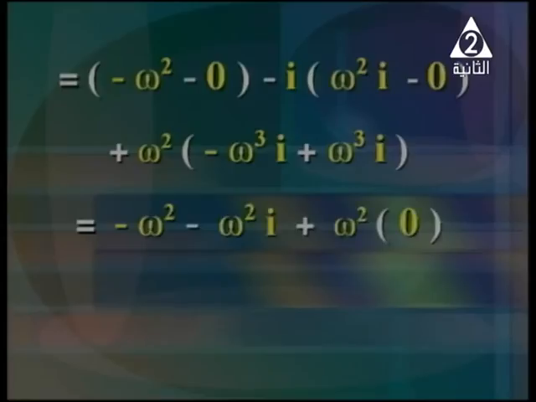The answer is negative omega square minus 0, inside bracket negative i multiply bracket contains omega square omega minus 0, plus omega square multiply bracket negative omega power 3 times i plus omega power 3 times i. The answer is negative omega square, negative omega square i, plus omega square times 0. The answer is negative omega square plus omega square, then the answer is equal to 0.